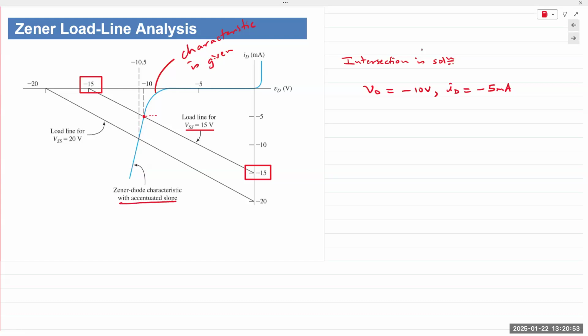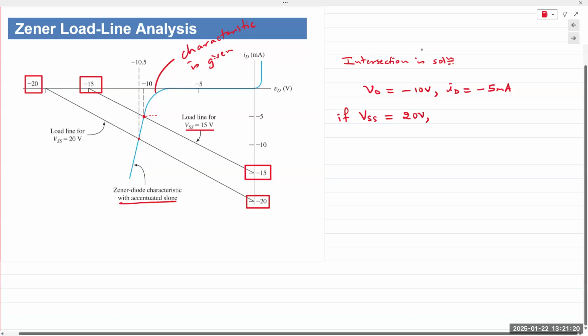Now, if the supply voltage changes, the supply voltage goes to 20 volts. Equations still remain the same, except now the values are minus 20 and minus 20 volts there. So if VSS is equal to 20 volts, my solution changes.